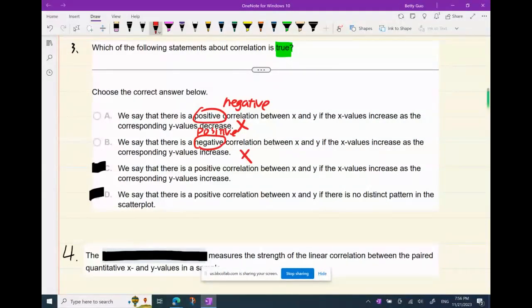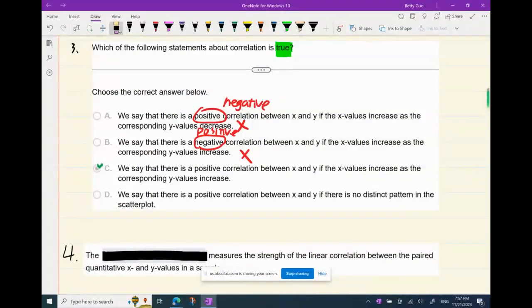Part C, we say that there is a positive correlation between x and y if x increases as y increases. That one should be the true one. D, we say that there is a positive correlation between x and y if there's no distinct pattern in the scatter plot. It doesn't make any sense.